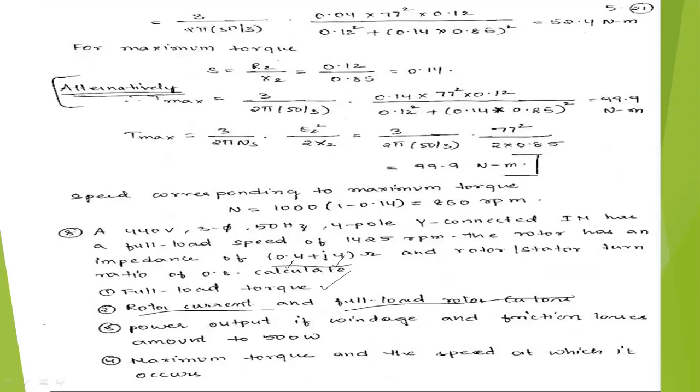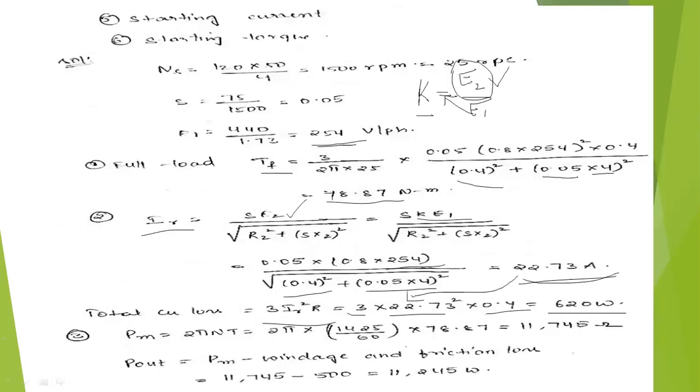Second bit also over. Next, third bit, power output. If windage and friction losses amount to 500 watts, we have to find out the power output. So what is the power output formula? 2 pi N T. Okay, 2 pi into N, where N is given in RPM; we have to convert it into RPS, into T, torque.